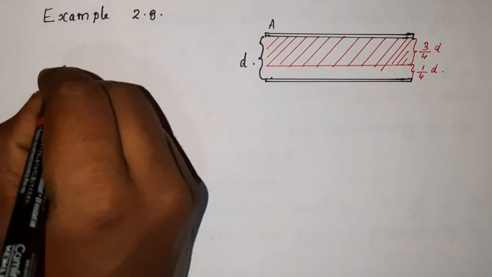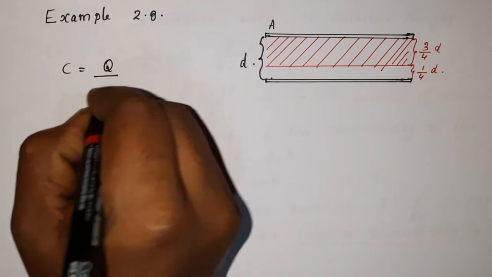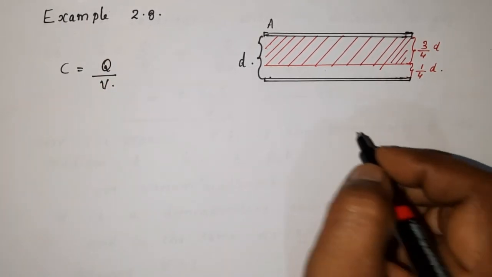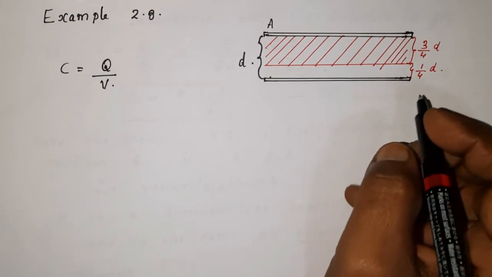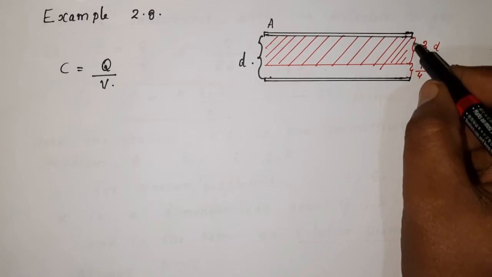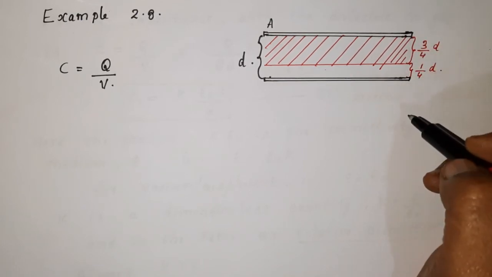We can find it using the expression C equal to Q by V. So it is this V which we have to find out first. V will not be the same for the two portions, that means 3/4 and 1/4.